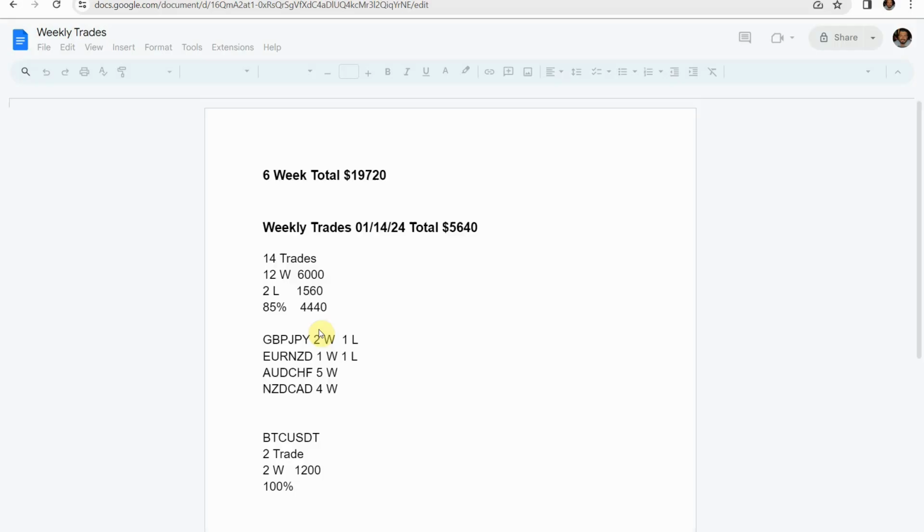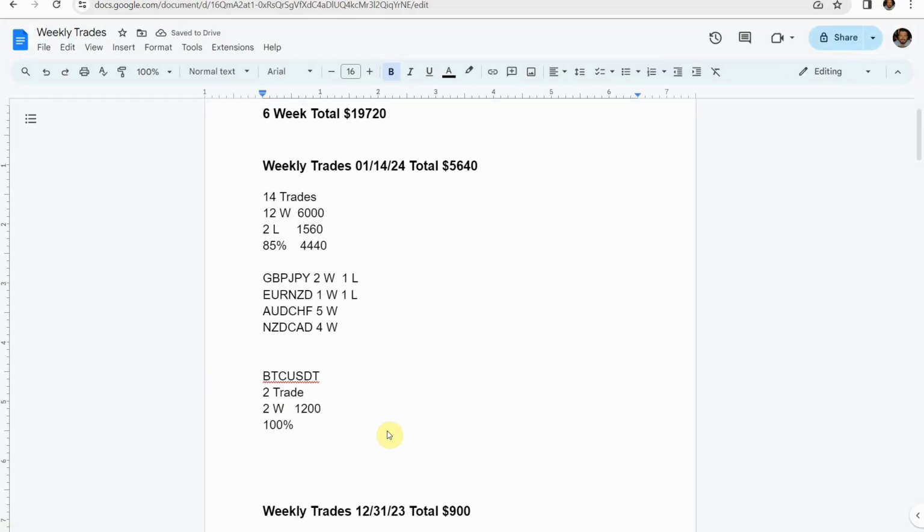Let's go ahead and look at the weekly signals. This is the signals from these 4 Forex pairs and this one crypto coin on the 30-minute time frame using the Academy of Forex indicator. What we're doing is we're tracking the signals each week. So this last week, the Forex pairs did 14 trades. They had 12 winning trades, 2 losing trades, putting it at an 85% win rate, a gain of $4,440.